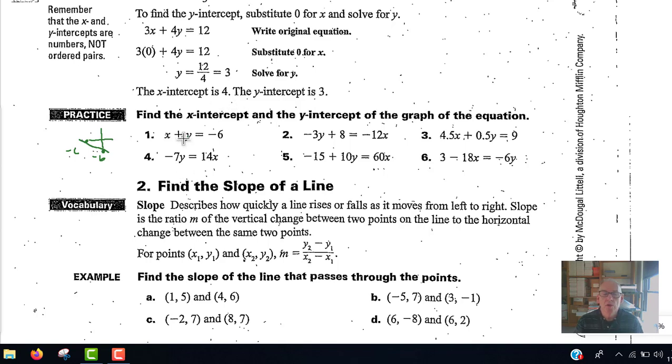So this form where you have Ax plus By equals C: A stands for the coefficient in front of the x term, which for this one would be a 3. B stands for the coefficient in front of the y term, which for this one would be a 4. This is the general form for what we call the standard form of a linear equation.